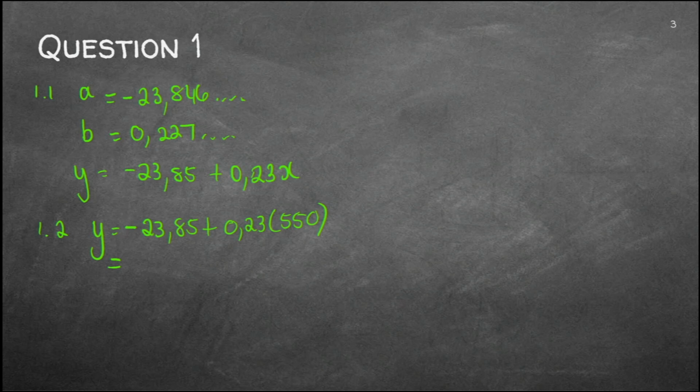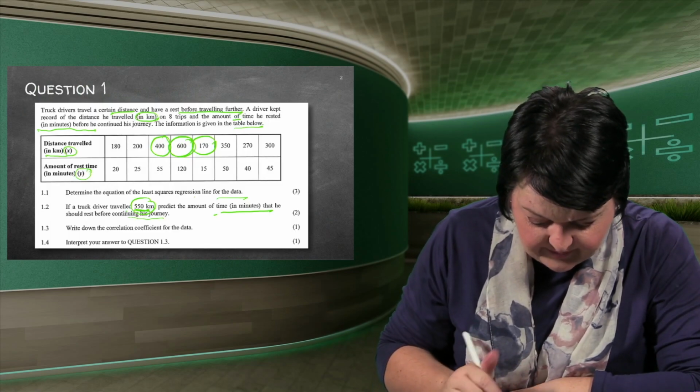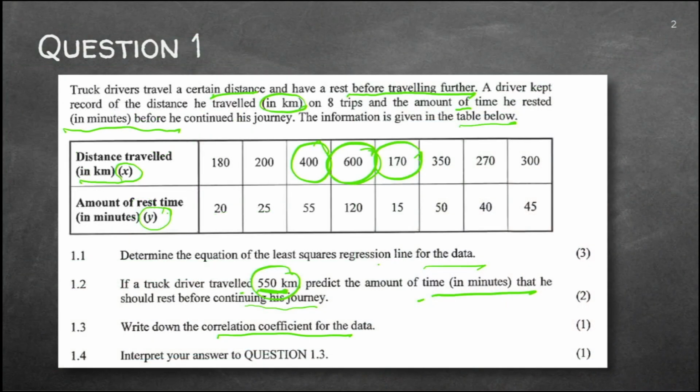Calculate it and you'll get a value of 102,65 minutes. And that's the answer. The next question would be the correlation coefficient. That's represented with R on your calculator. And then we need to interpret the answer. So just remember that.